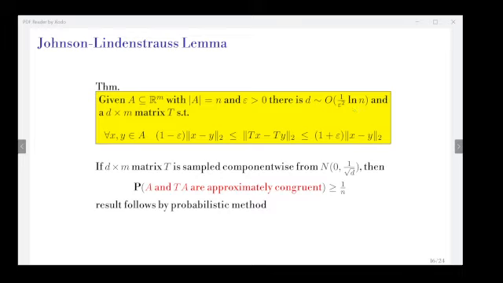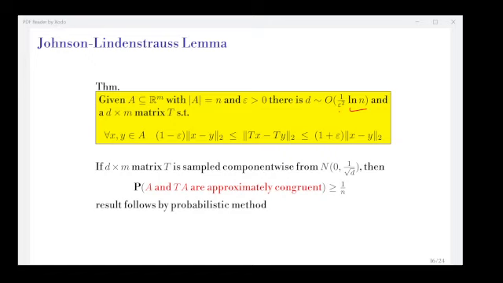Epsilon is small, so 1 over epsilon squared is going to be large, but the logarithm of n is going to be small with respect to n. If you fix epsilon, D is like the logarithm of n. So whatever m was, if it wasn't too different from n, D is going to be much, much smaller than m. In general, this is the usefulness of the Johnson-Lindenstrauss Lemma.